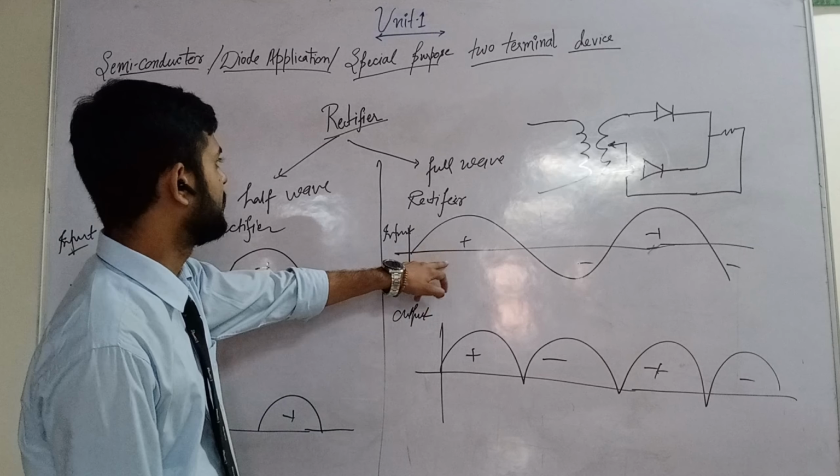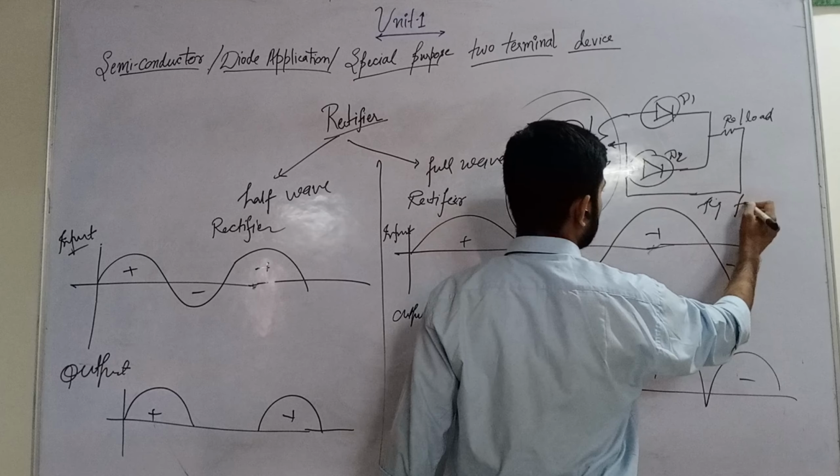This is the transformer overall. This is two diodes D1, D2, and a resistance, which means the load. This is the figure of the full wave rectifier.